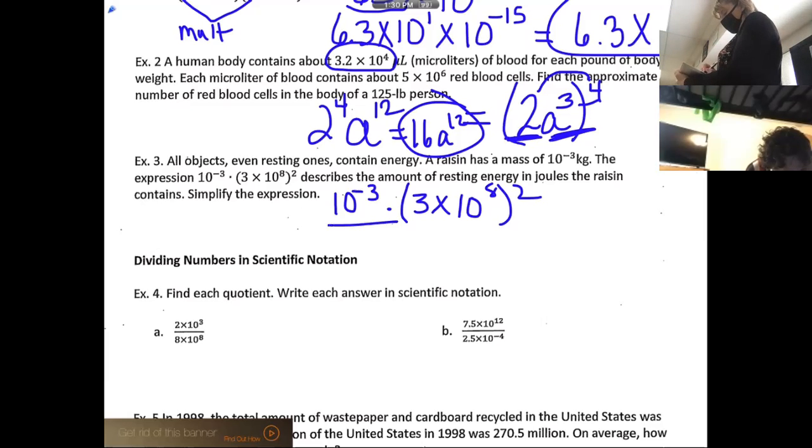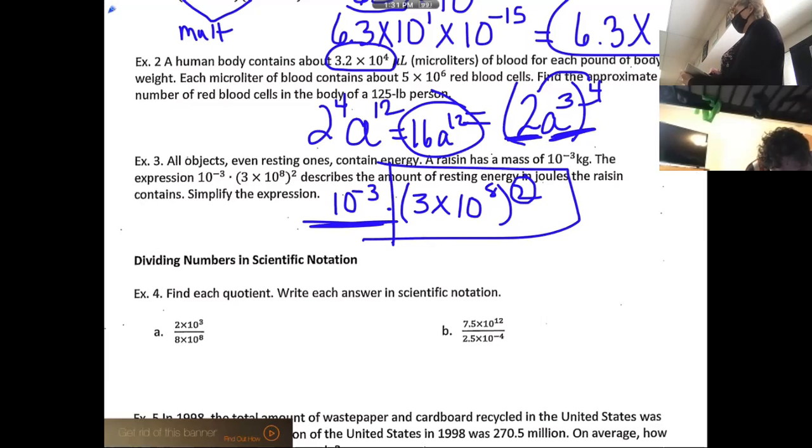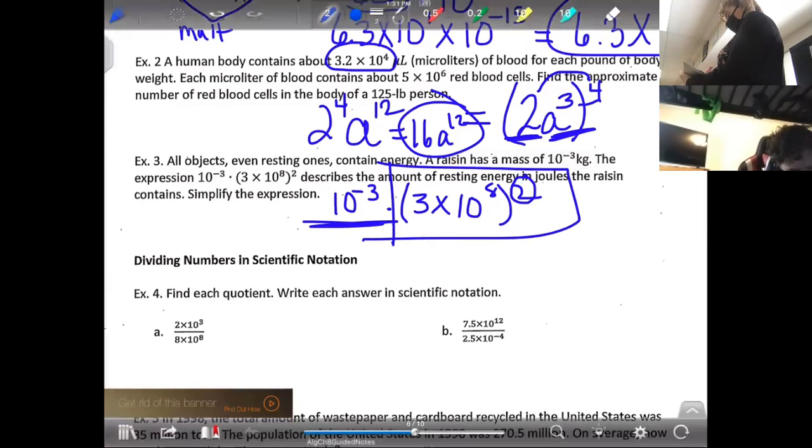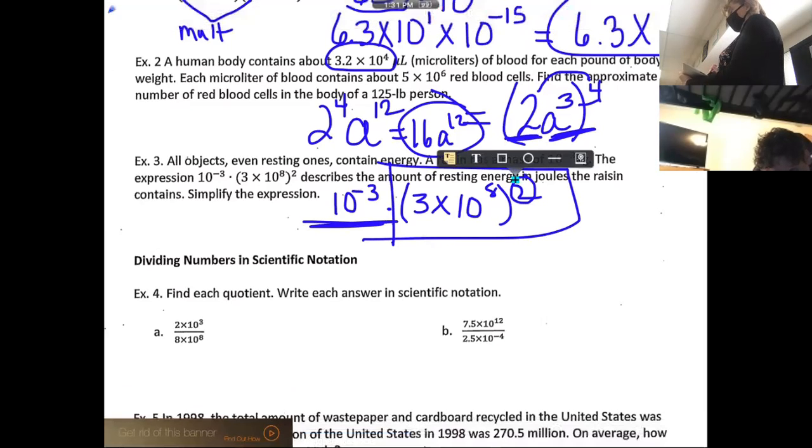So let's hold off on that 10 to the negative third. Let's pretend it doesn't exist for now because we have to get rid of this power. Where should I put that power? Nicole? Scott? You should put it by the 3.